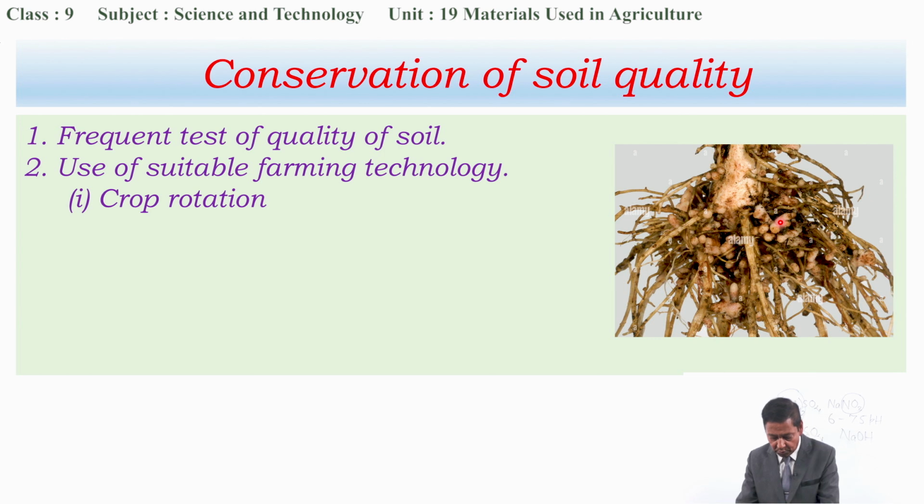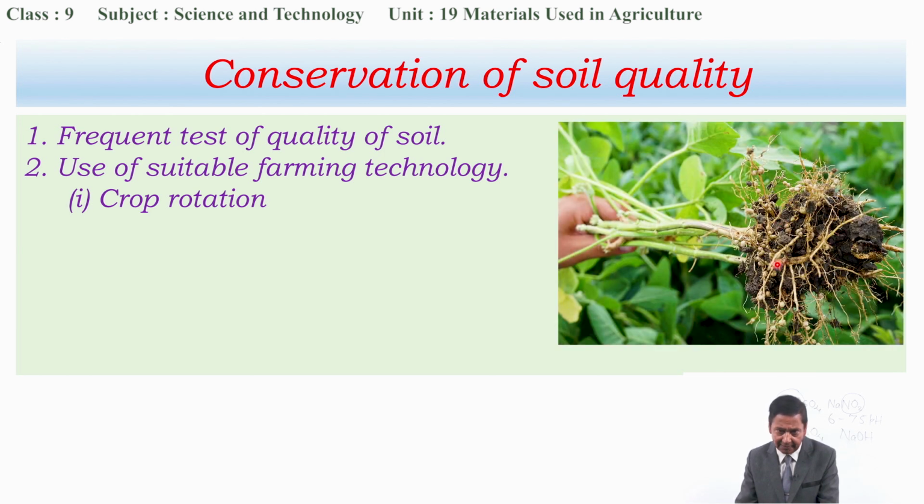This is the root nodule of a leguminous plant, and these root nodules contain rhizobium bacteria. The rhizobium bacteria present in the root nodules absorb the atmospheric nitrogen and form nitrogenous substances in the root nodules, and this nitrogen is used up by these plants in making protein.